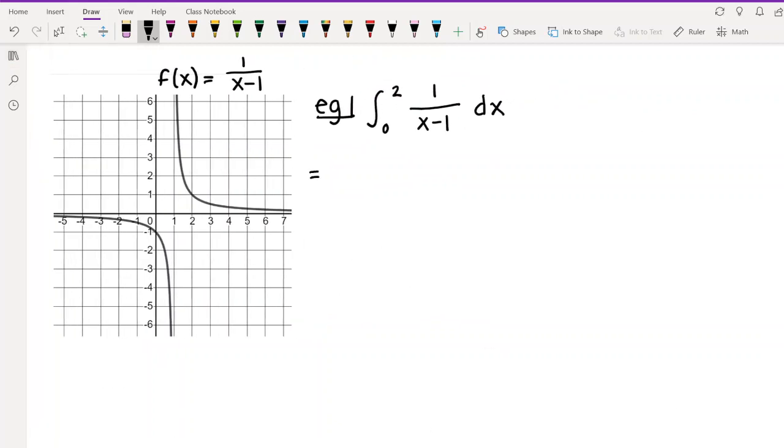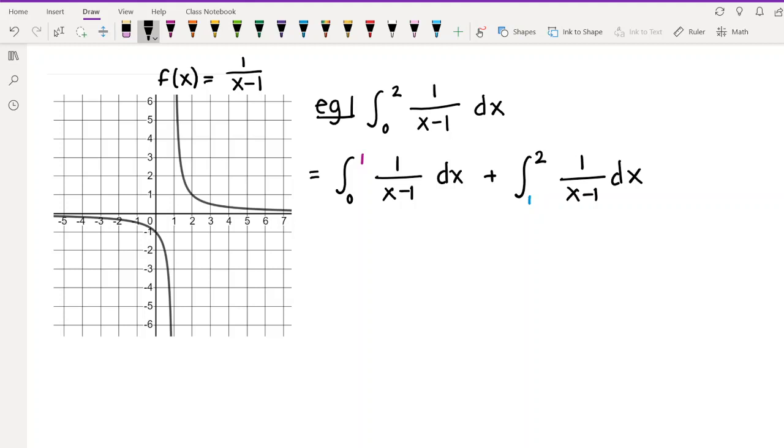Well, we just split this up and say it's the integral from 0 to 1 of 1 over x minus 1 plus the integral from 1 to 2 of 1 over x minus 1, right? Because now both of these are integrals where there's a discontinuity at one of the bounds.